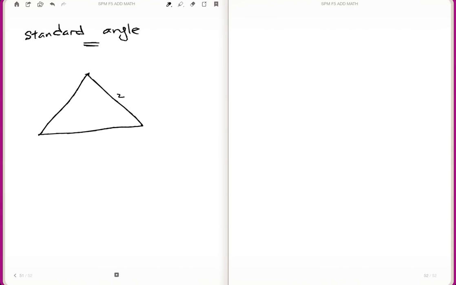It says 2 here, 2 here, and I draw a perpendicular bisecting line. Then the length here would be 1 and 1. Since this is initially an equilateral triangle, the angles here would be 60, 60, and the angle here and here should be the same, which is 30 degrees. Okay, and since this is a right angle triangle, the length here would be square root of 3, which is 2 squared minus 1 squared, equal to 3.